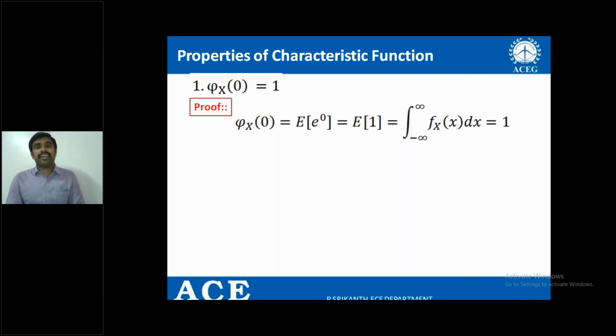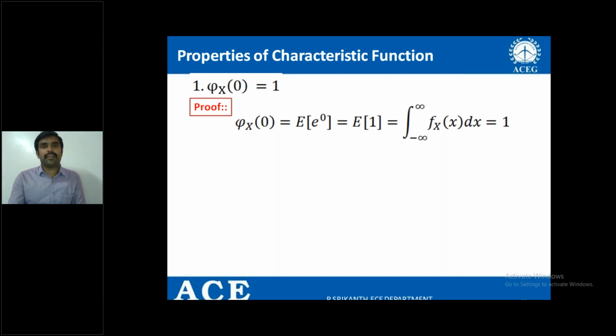Expectation of 1 is a constant. By the formula, E of 1 equals the integral from minus infinity to plus infinity of 1 into f x of x dx, and as per the property of the density function, the total area under the density curve is equal to 1. Therefore, finally, pi x of 0 equal to 1. This is the way to prove the property pi x of 0 equal to 1.